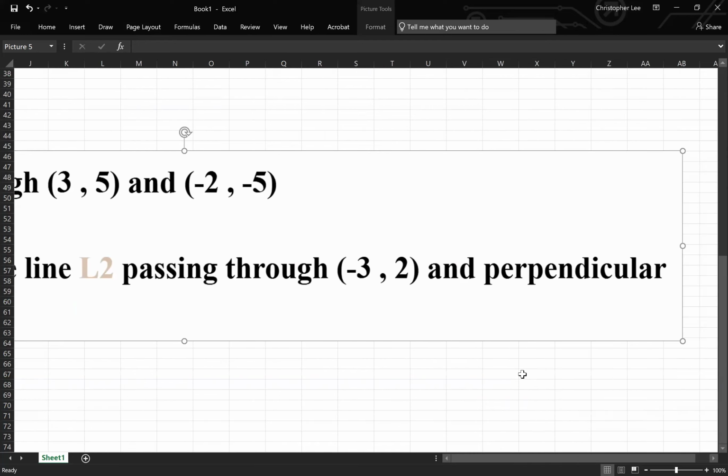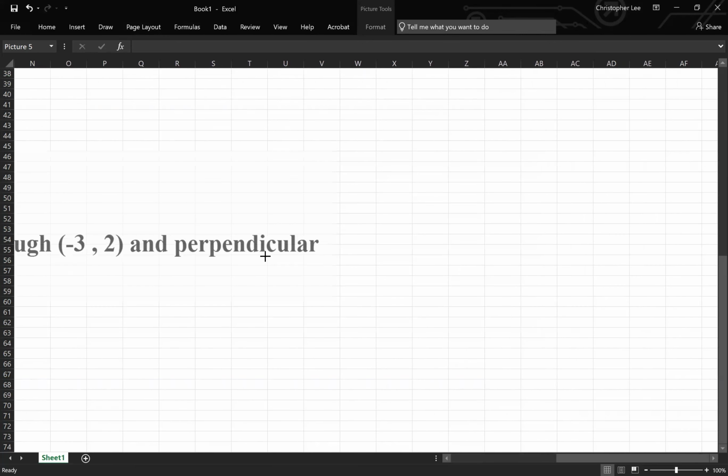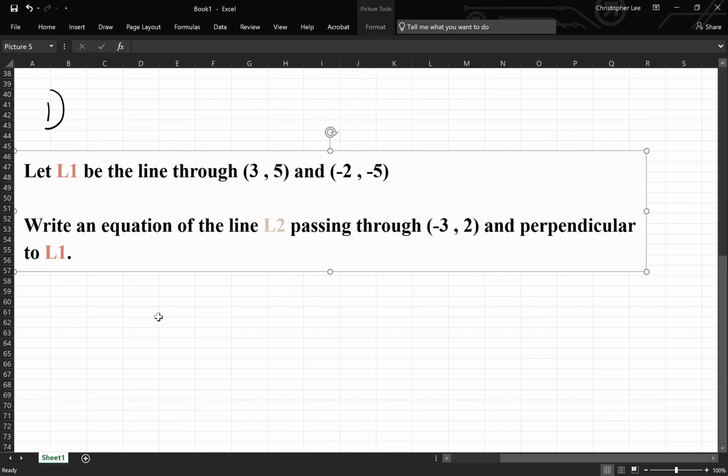Let me resize that real quick. Then we'll read it. All right. So let L1 be a line through the point 3, 5, and -2, -5. We want to write an equation of the line L2 passing through the point -3, 2, and is perpendicular to L1.